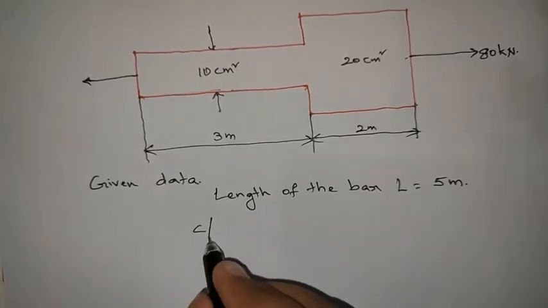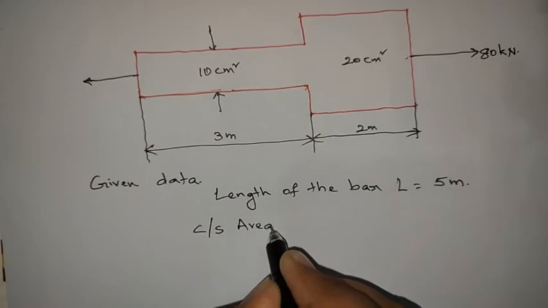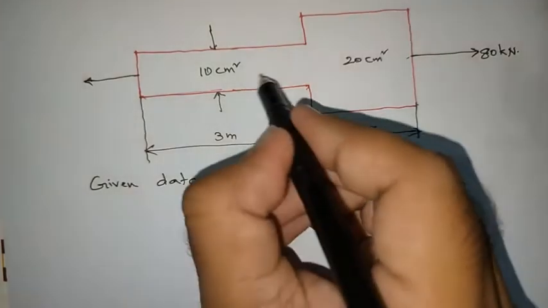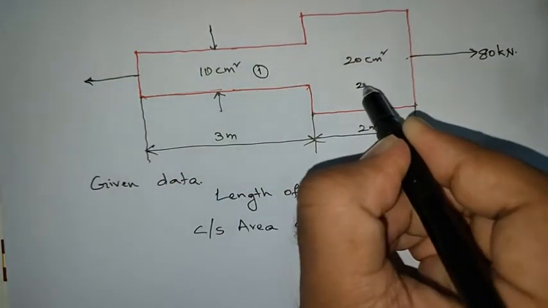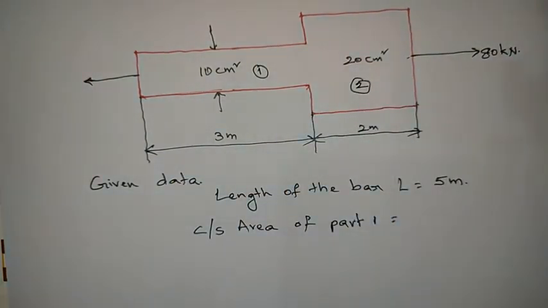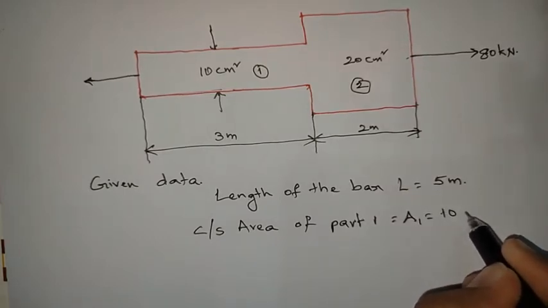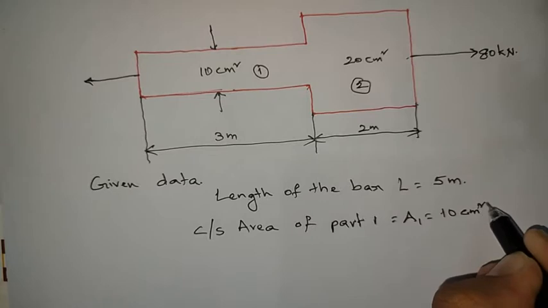Cross-sectional area of part 1. If I take this as part 1 and this as part 2, two different values are given to us. So A1 equals 10 centimeter square.